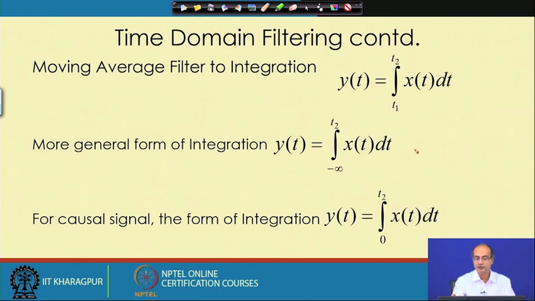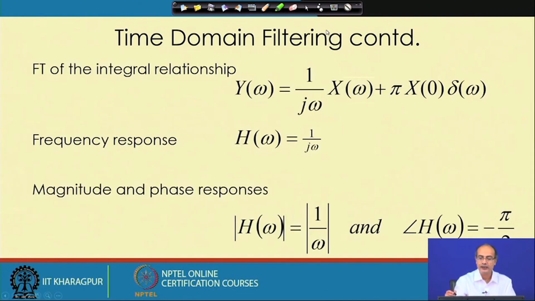For a causal signal, however, when the signal is starting at 0, the integration should be done from 0. So, we can see that there is a relationship between the integration and the moving average filter.